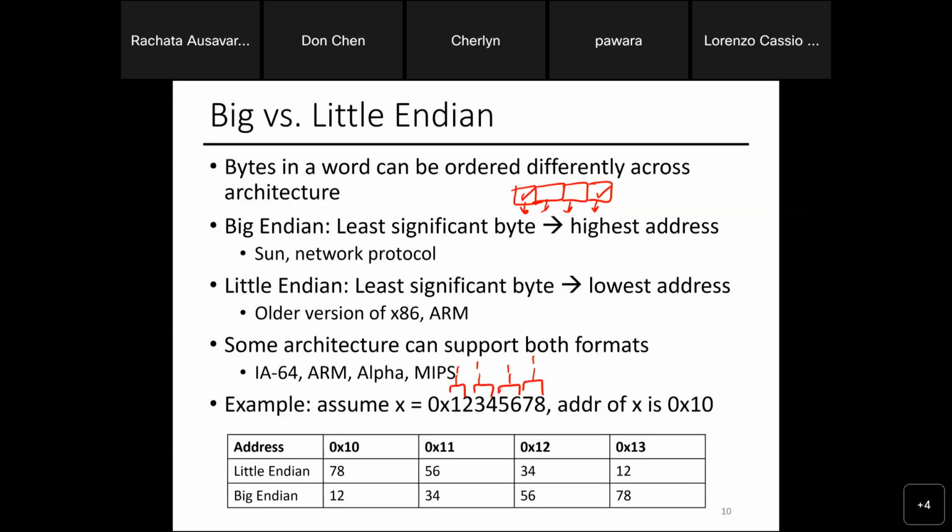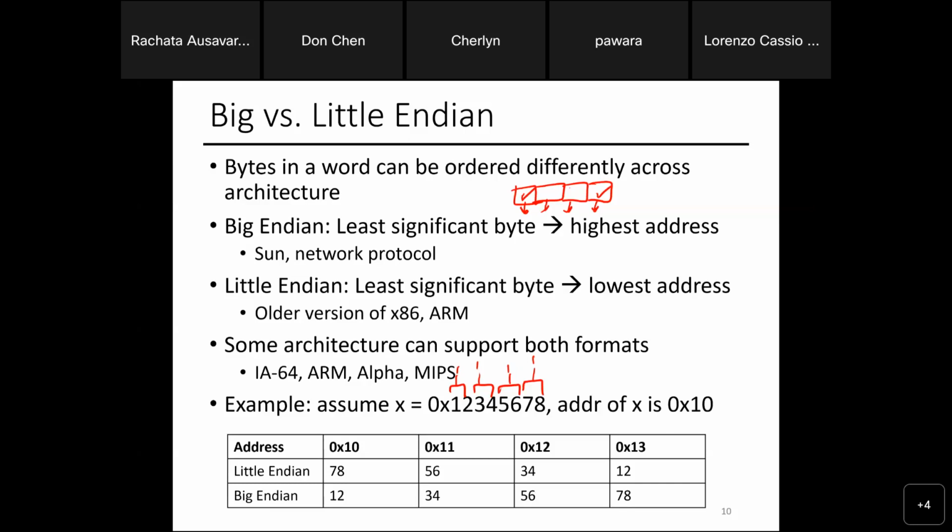So let's say the address of the pointer x that points to this number is 0x10. I print the pointer out, it prints 0x10. It means that this data spans 0x10, 11, 12, and 13, right? So this is 4-byte data, so it has to be from 0x10 to 13.